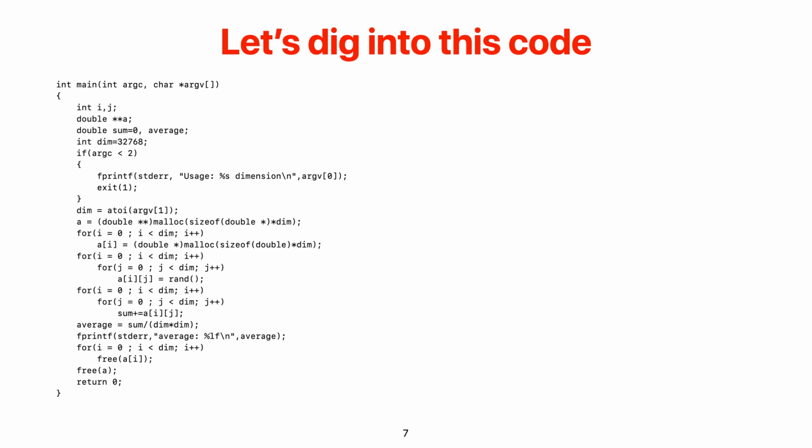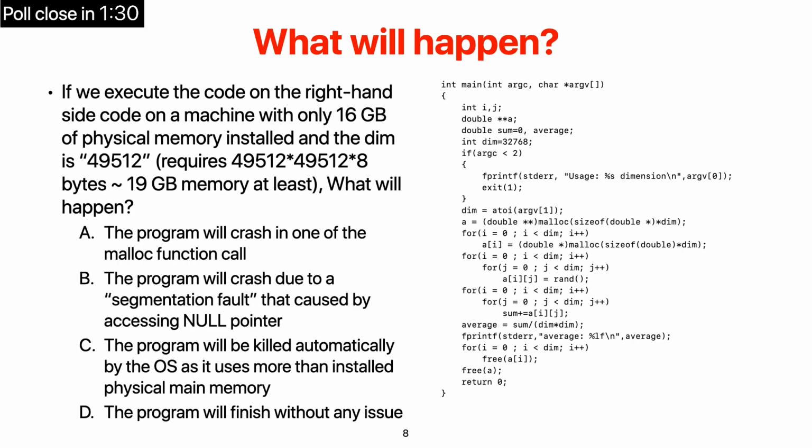And finally, we free up those pointers, or say memory space, that we allocated. Now, looking at these pieces of code, I want you to spend 90 seconds to think about what will happen when we execute these pieces of code on a machine with only 16 bytes of physical memory installed.